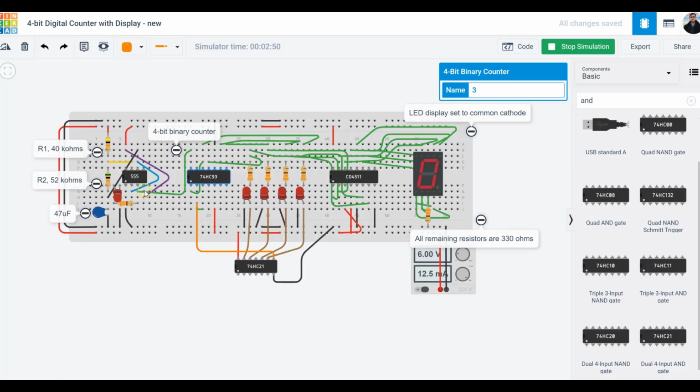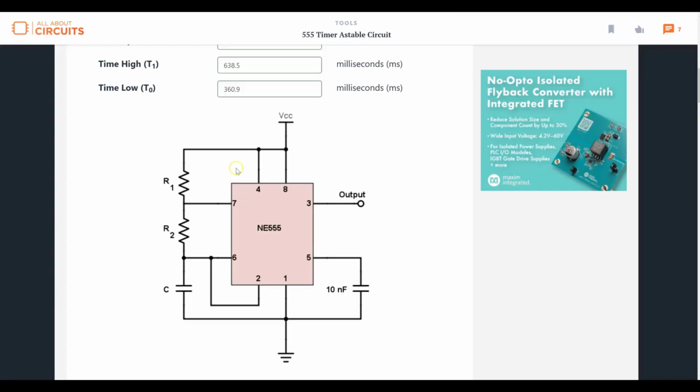Okay, pin number 1 is hooked up to the ground, and pin number 8 is connected to VCC. Let's look at pin number 5, the control voltage. Remember, we are not using it. Pin number 6 is the threshold. Pin number 2 and pin number 6 were shorted, as I was showing you over here.